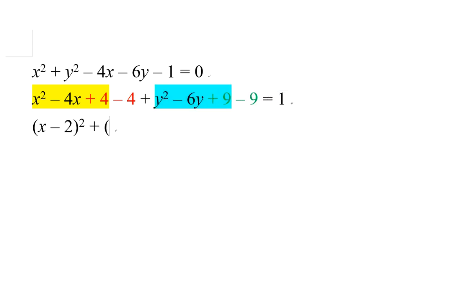This will become (y minus 3) squared. So it just leaves negative 4 and negative 9 here. Move all these terms to the other side, and it becomes 1 plus 4 plus 9. That becomes 14. So this is the standard form now.